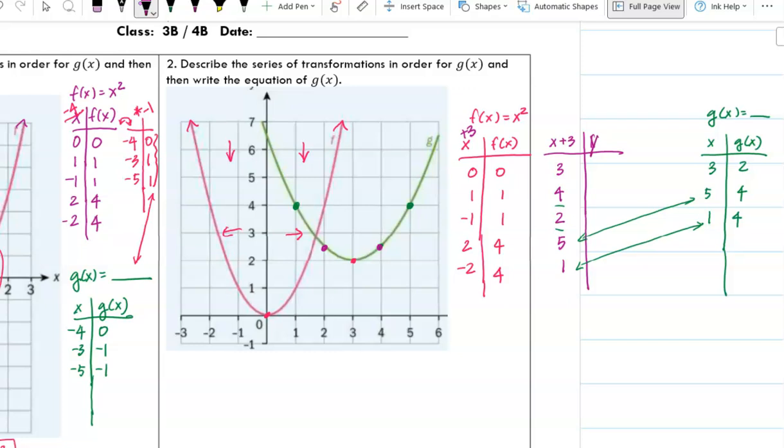So I can do it that way. Remember the counting for the first point, but I want to give you a way for you to be able to do it for every really difficult transformation.